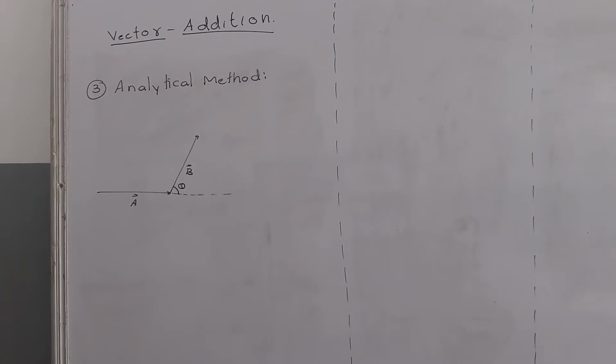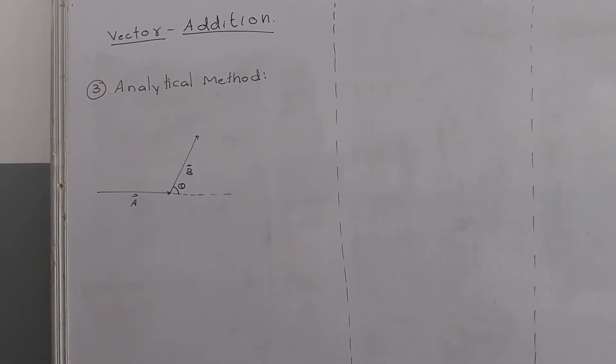Clear? So, if I want to know the angle between vector A and vector B, I will be redrawing vector A like this. Vector B will be like this. So if this becomes vector A and this is vector B, the angle between them will be theta.